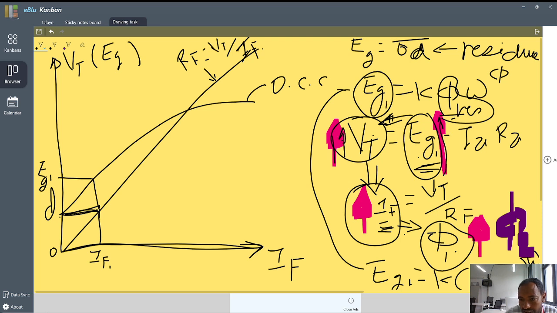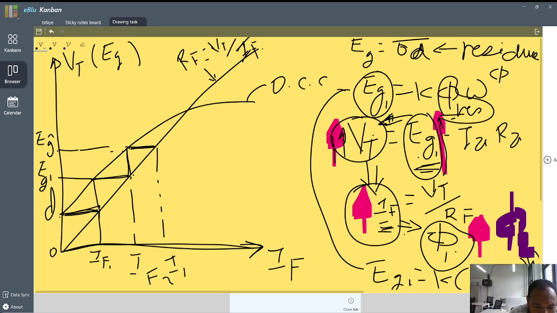EG1 produces a new IF, which I can say is IF2, created due to EG1. Then this IF produces another flux, which produces another generated voltage, EG2. This EG2 again produces another current, IF3. Like this, it will build gradually and stop when it reaches an important point.